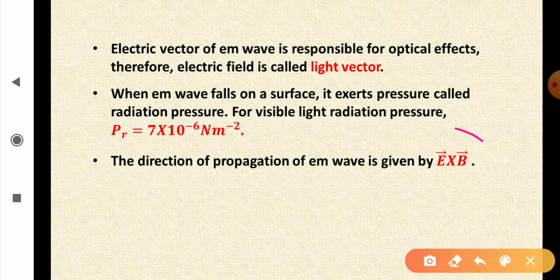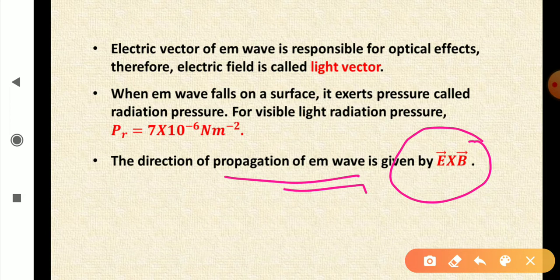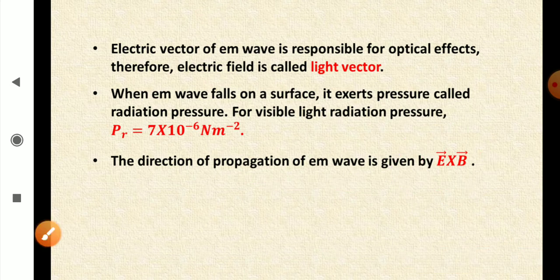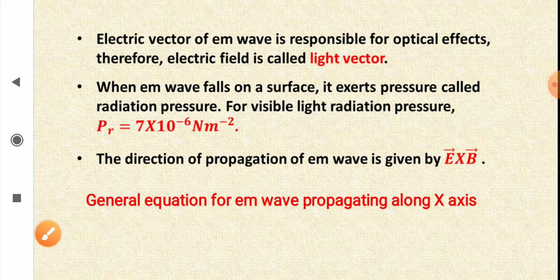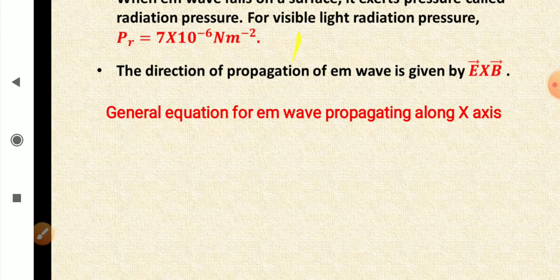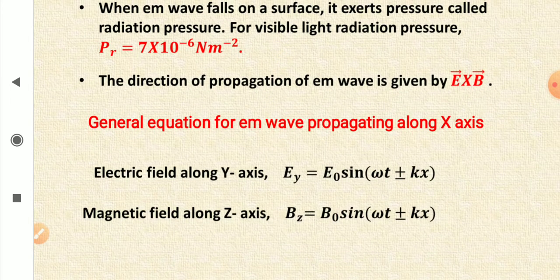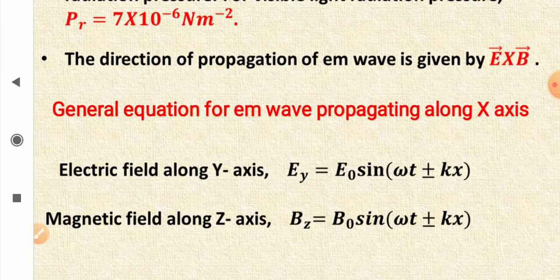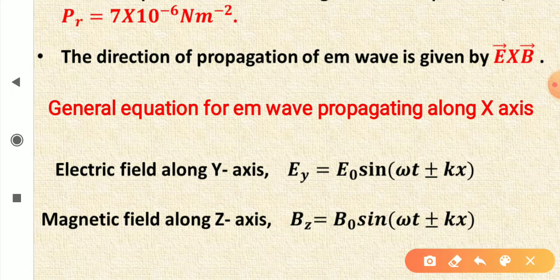Now, the direction of propagation of EM wave is given by this vector E cross B, so vector product of electric field and magnetic field. Now, general equation of EM wave propagating along x-axis. So here we are discussing general equation.